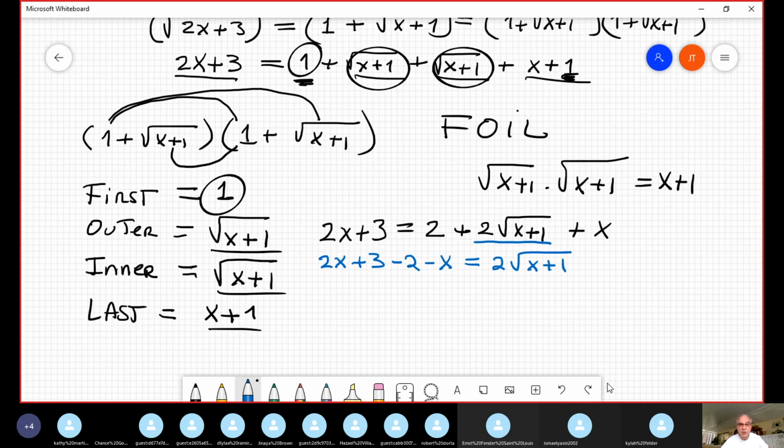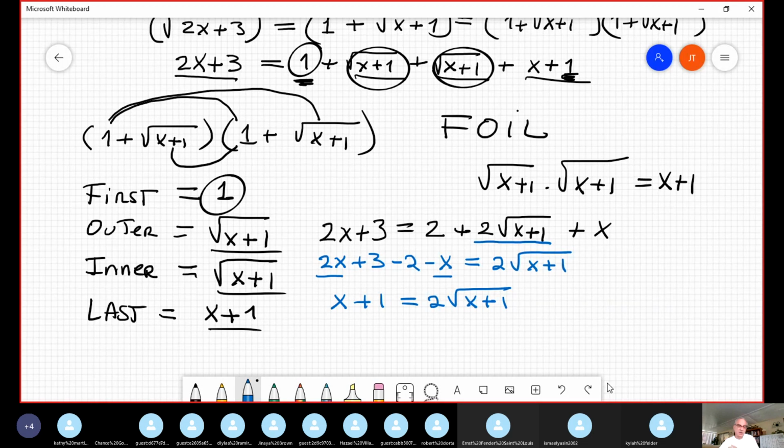I'm ready to combine 2x minus x, which is 1x, and 3 minus 2 is 1, positive. In this case, it was not necessary to divide by 2 because this is even, but this is not even. So it's the lowest term.